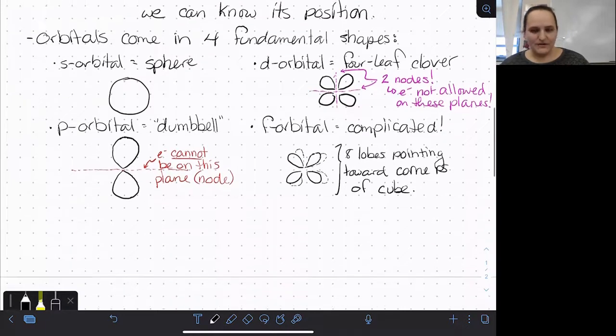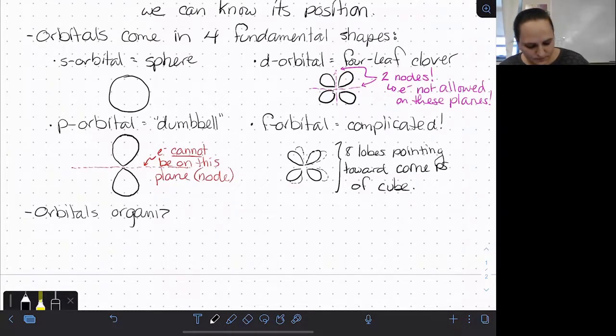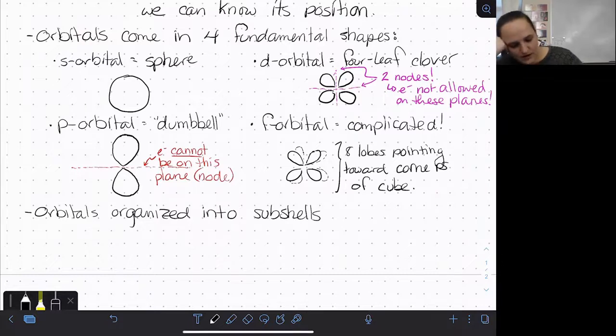So orbitals are kind of the most fundamental organization for electrons, but we also have some larger groupings. So orbitals get grouped into what are known as subshells. And then subshells are grouped together into shells, sorry.